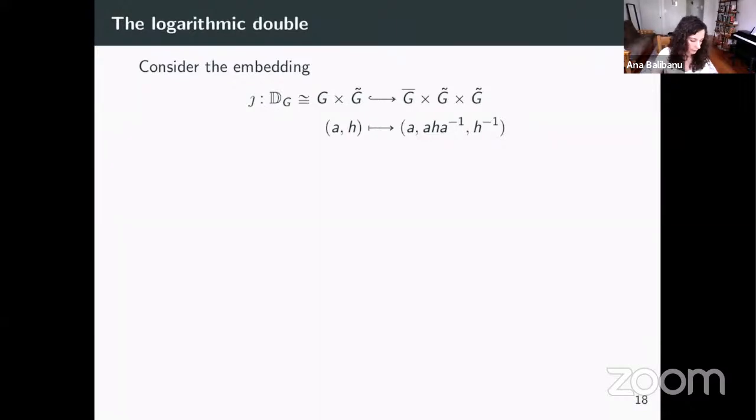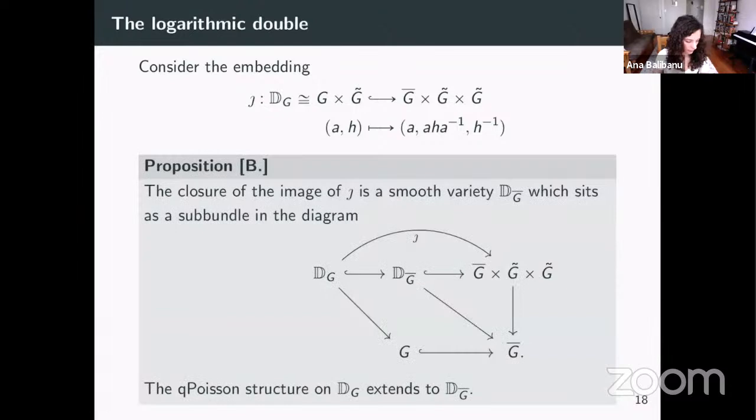And then the theorem, or proposition, I guess, is that the closure of the image of this embedding is smooth, and it sits as a subbundle in the multiplicative version of the diagram that we had before. And the quasi-Poisson structure on the double DG extends to the boundary of DG bar.